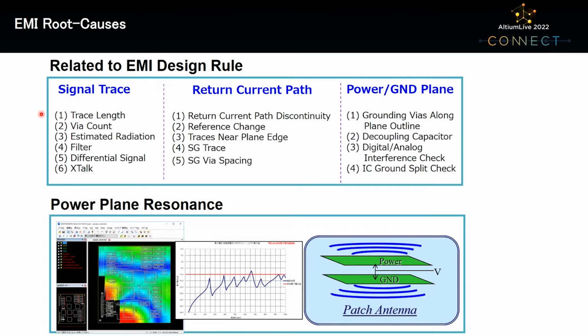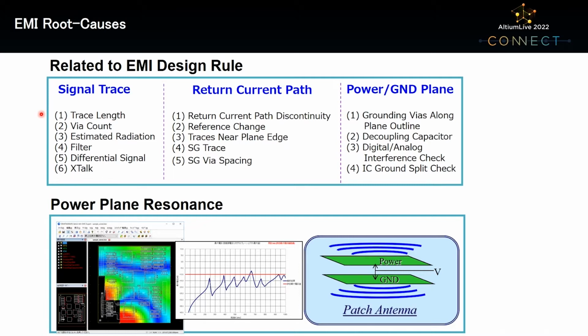After investigating over 150 EMI root causes, we reached the most important EMI root causes. There are mainly two EMI root causes. One is related to EMI design rules on PCB, and another one is related to power plane resonance in between power and ground plane.